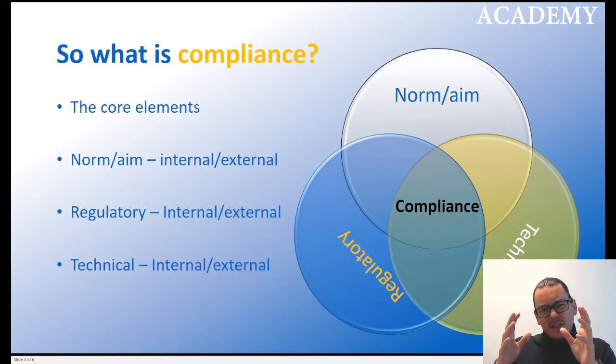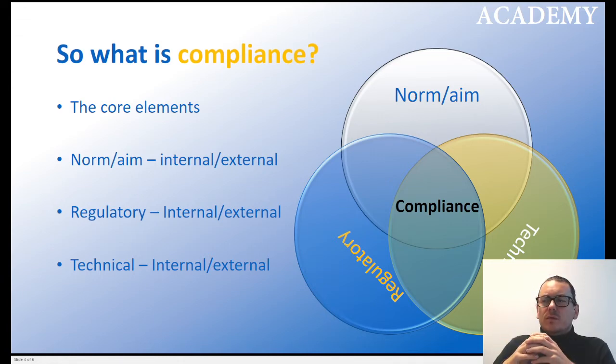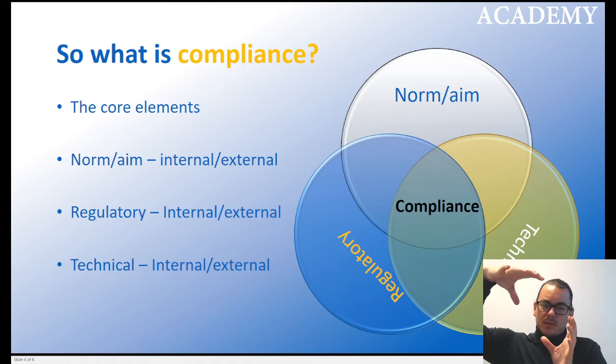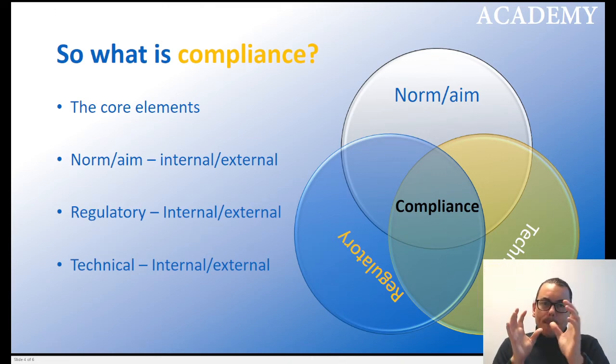And then we divided compliance into 3 different segments, or 3 different key factors, which was norm aim, which is the aim, the core values of an entity, the regulatory compliance, which we know from reactive compliance, and then the technical part, the last yellow part, which is more of the operational kind. And in the middle, the mixture of all these 3 elements, balancing these different parts is what compliance is about.